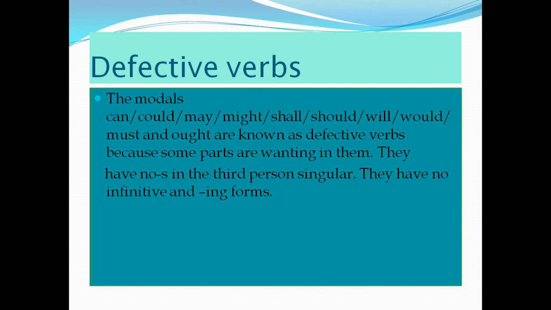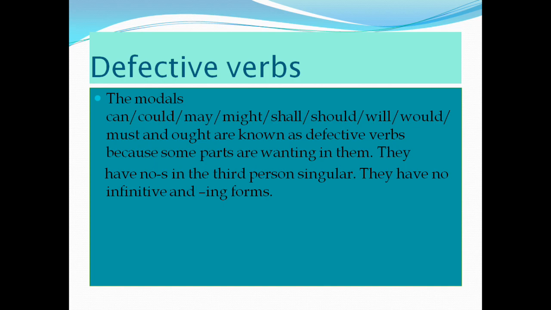Of course, we'll discuss in later topics what the infinitive is. These verbs do not possess infinitive or ing forms. We have going for go, coming for come, doing for do, but there is no canning; when we use them as verbs, they have no ing forms. So they are called defective verbs.